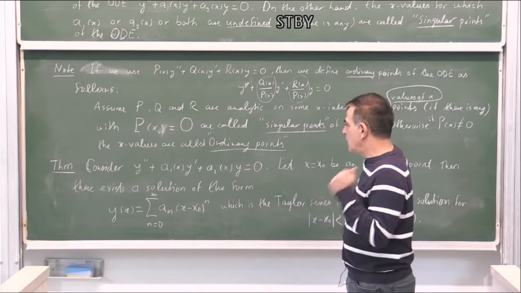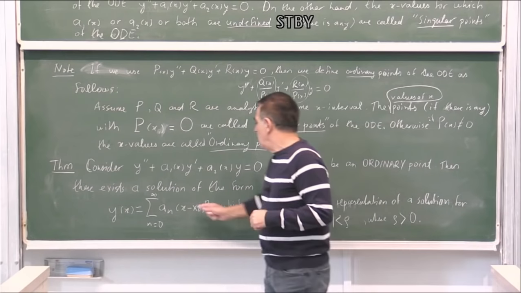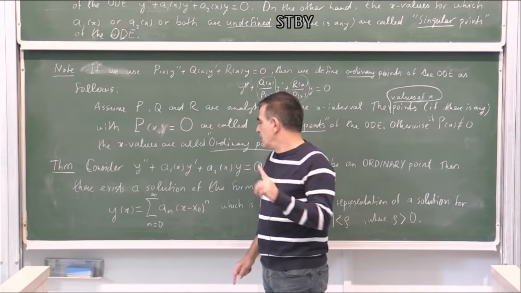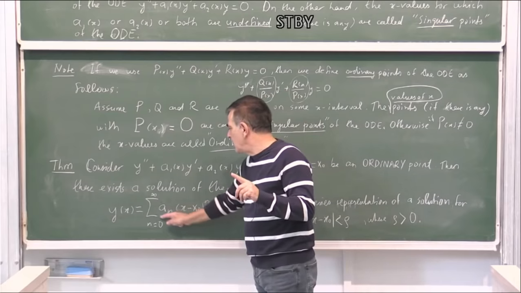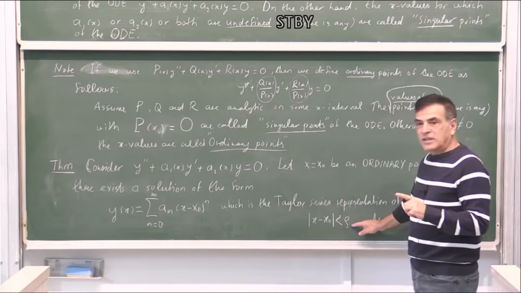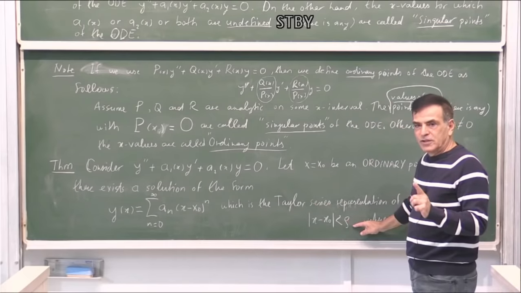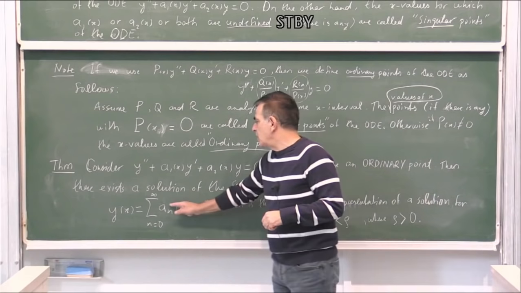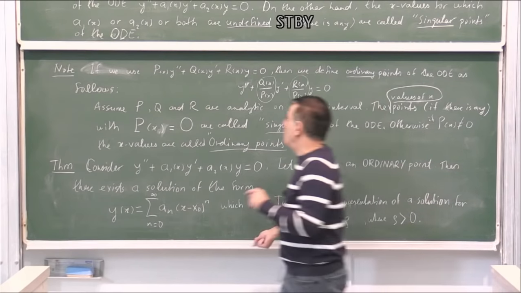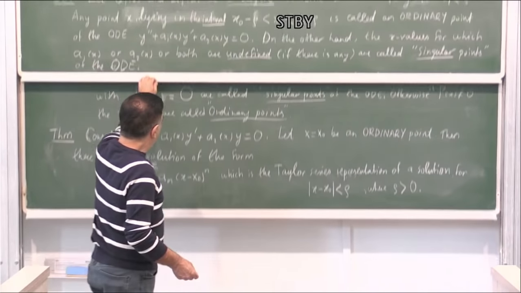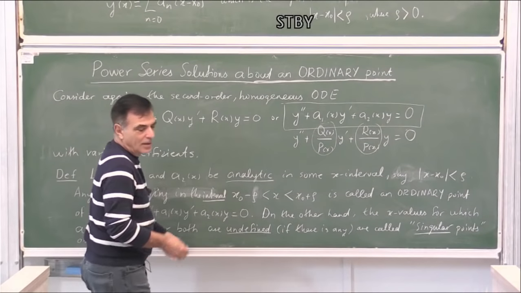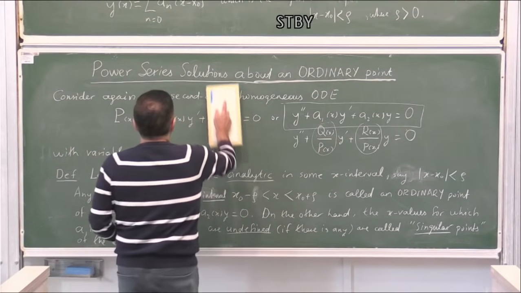But the question is, how can we find the coefficients? First question is, how can we evaluate the coefficients? Second, what is the radius of convergence of such a series solution? Look, we can answer the two questions without any trouble.